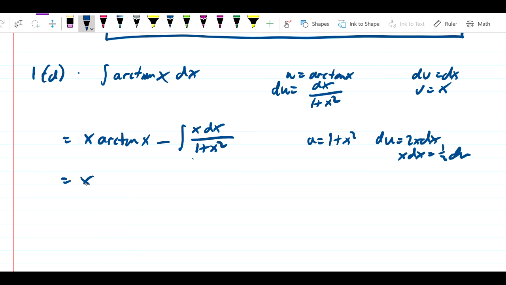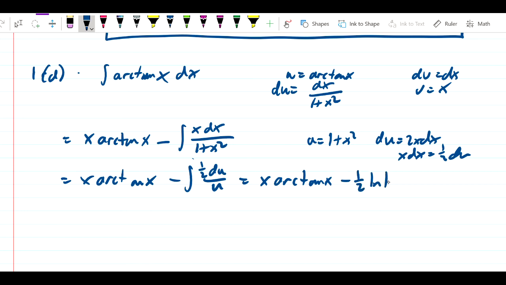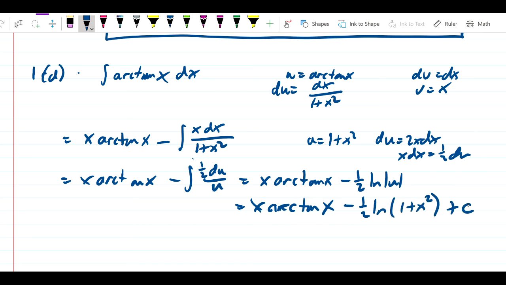So this equals x arctan x minus the integral of 1/2 du over u, and that's going to equal x arctan x minus 1/2 ln of u, which equals x arctan x minus 1/2 ln of 1 plus x squared plus c.